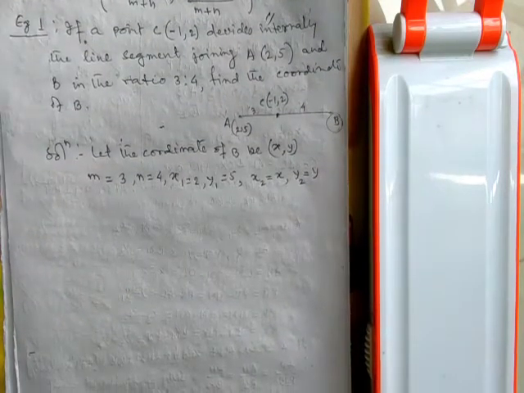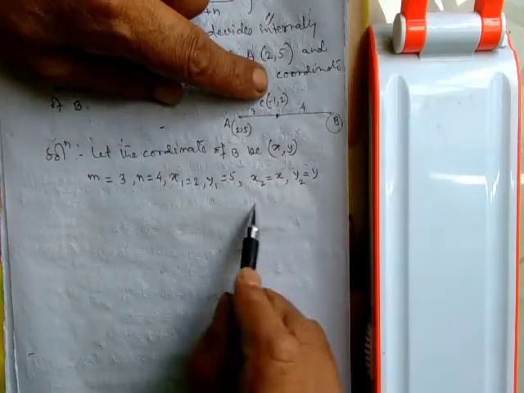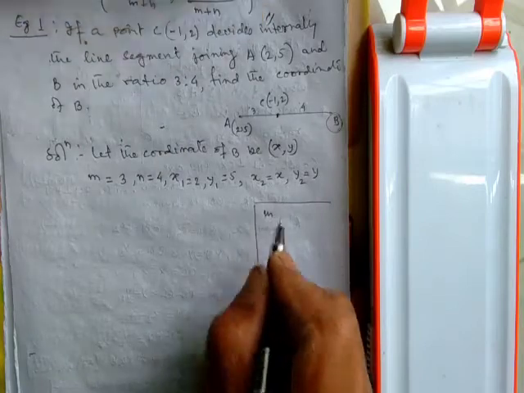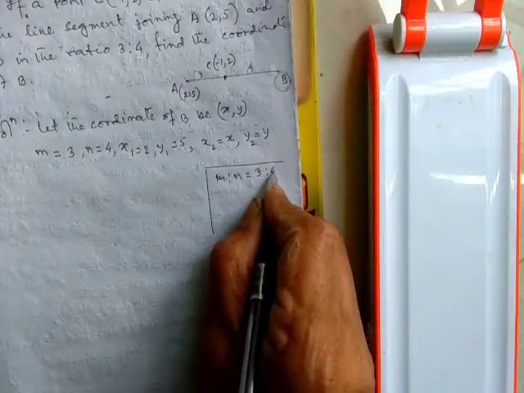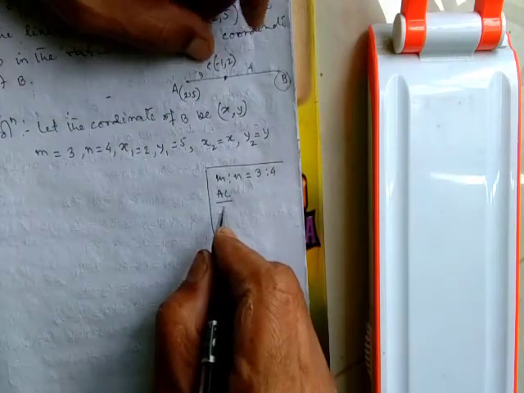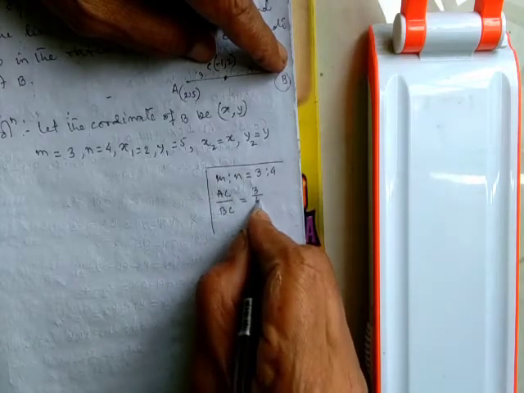Sometimes what happens is they have given the ratio in different ways. This is extra explaining. They have given m is to n is equal to 3:4. That is AC by BC is equal to 3/4.